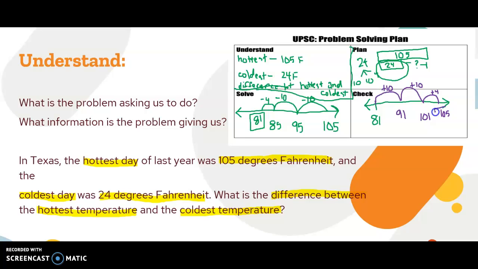And again, we want to make sure that we include our statement here in the box. It says, what is the difference between the hottest temperature and the coldest temperature?